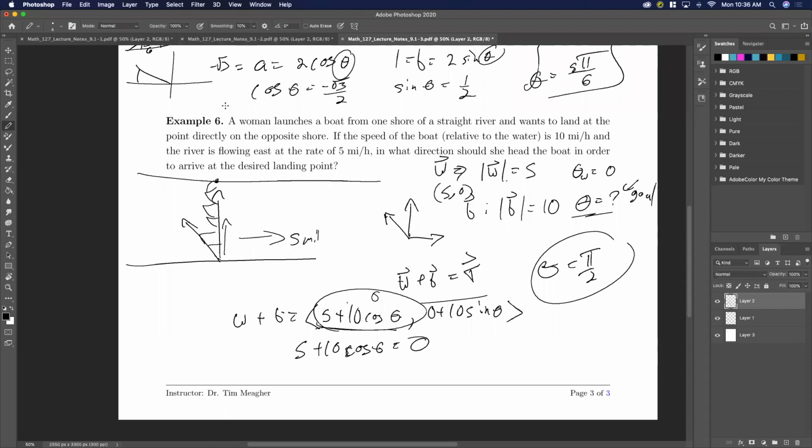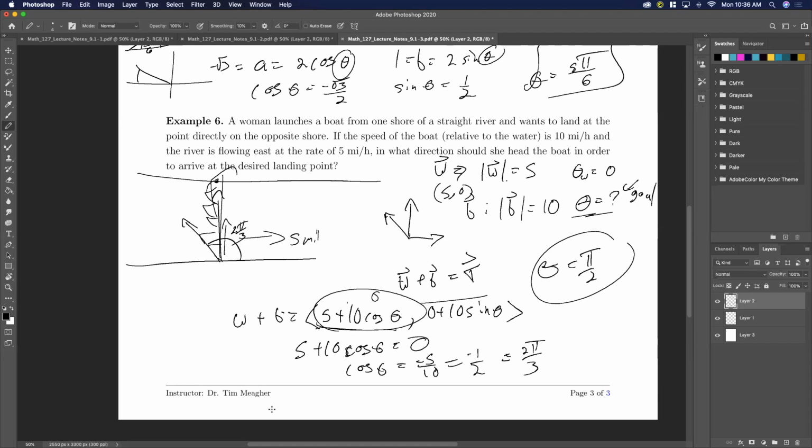I just want to go straight north across the river. It's an equally valid way of thinking about it. So if we do this, we get cosine of theta. We subtract the 5 across, so this will be minus 5 over 10, or negative a half. Well, negative a half is 2 pi over 3, right? So here, this will be 2 pi over 3. And if I travel that, this component will be 0, because I just want to go straight across.